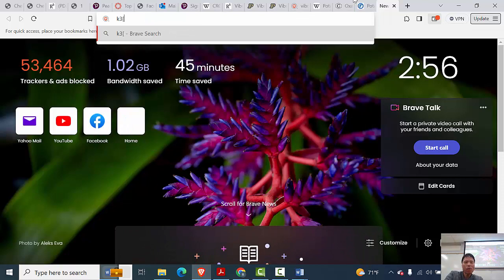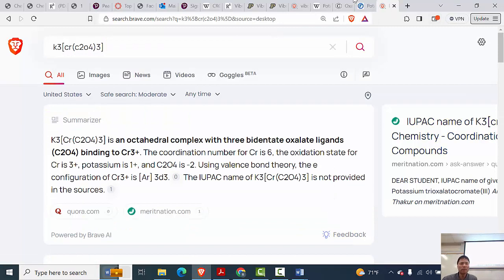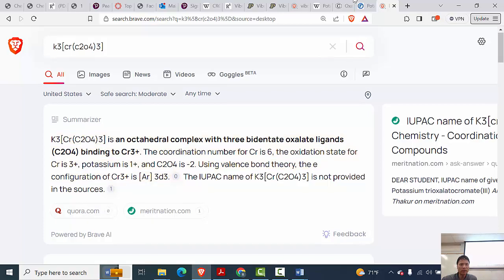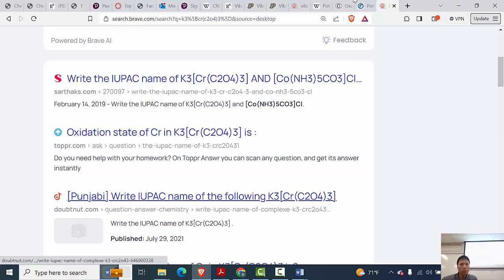K3Cr(C2O4)3. I'm just going to do the anhydrous here, see if it comes up, and then I'll add the waters to that. Here I have the potassium trioxalato chromate 3, and I want the molar mass.